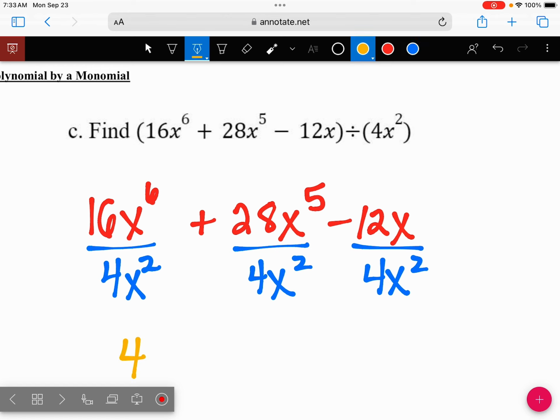And now you're going to subtract 6 minus 2, which is 4. Bring down the addition sign. 28 divided by 4 is 7. And then how many x's do we have with that term when you subtract the 5 minus 2? Show me with your fingers, how many x's do you have with the next term?